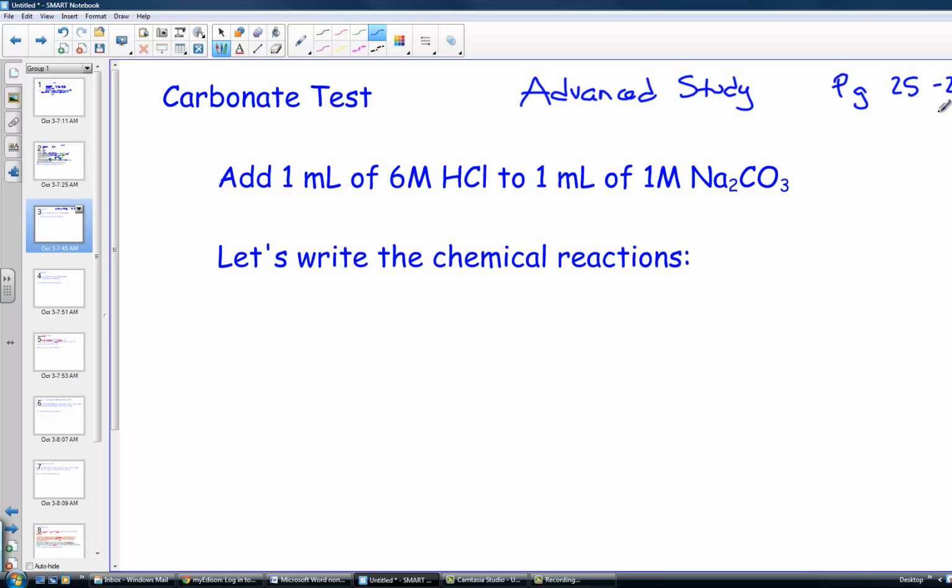The reason I have to alter is because this is written for all of the ions, and we're not testing all of those ions. So as I was reading through this, the advanced study assignment made no sense to assign you because you needed to read about all of the ions present. Based on what I have in stock in the lab, I had to eliminate some of those ions and add another one. So page 25 and 26, we're not even going to look at those pages.